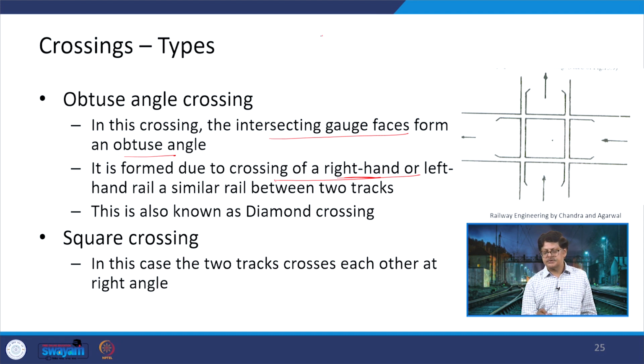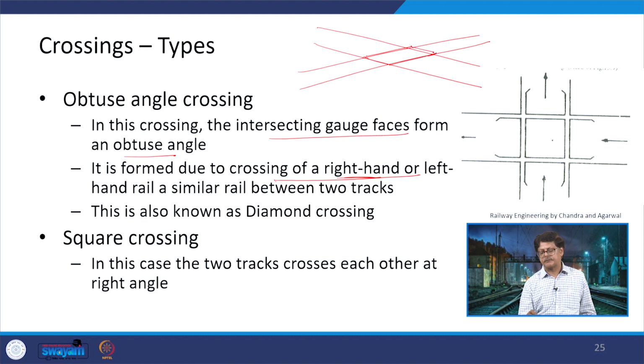If we talk about a diamond crossing, it can be something like this. So, here a diamond has got created. The way the rails are crossing each other defines whether it is a left to left or a right to right, and the obtuse angle crossing is going to be created.